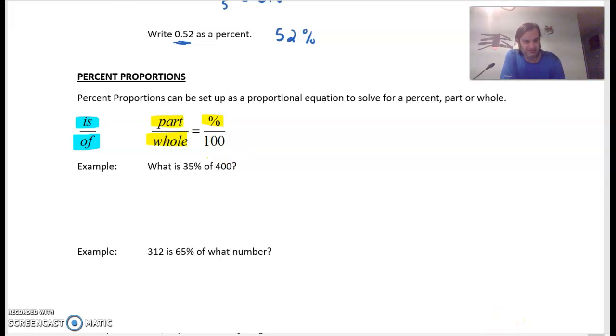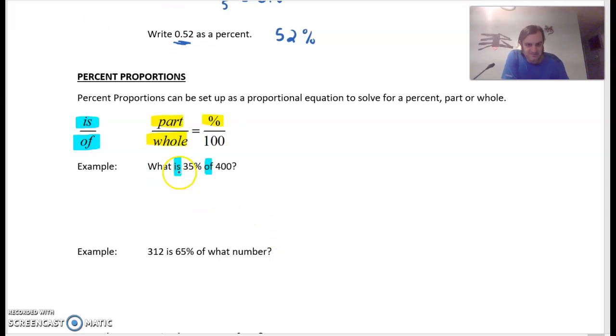So let's see here. What is 35% of 400? In this case right here, the percent is the percent. It's always just going to have that association with it, so there's no real way to get that mixed up, I hope. But we see the two words here. We see is and of.